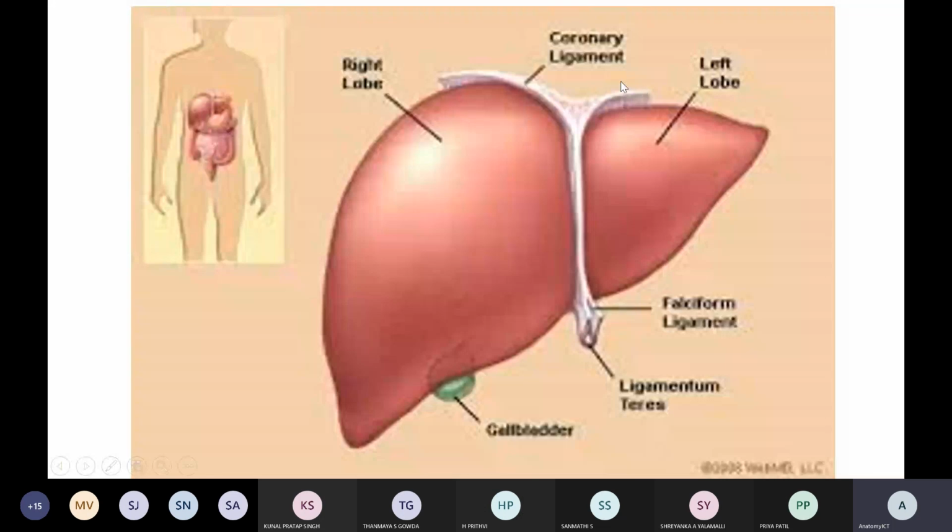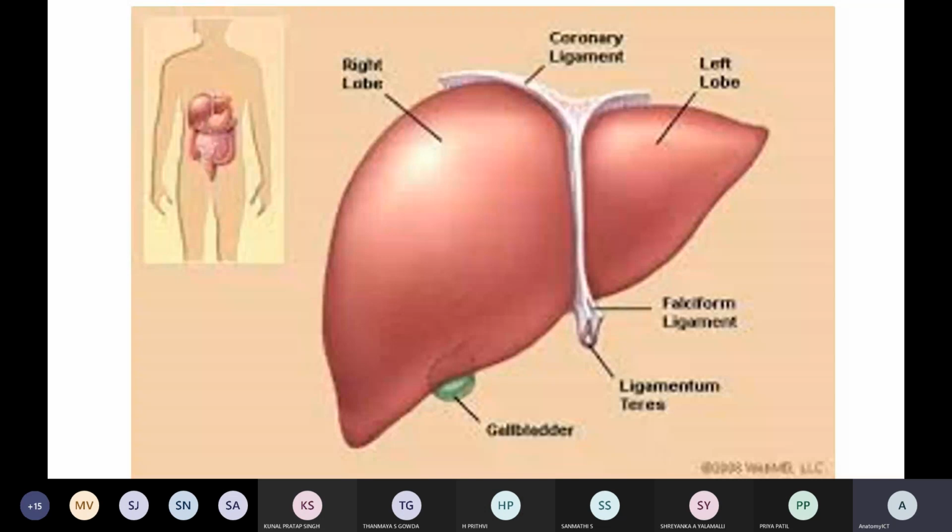That is the reason the right and left coronary ligaments are very important to hold the liver in a proper position. And when the coronary ligament holds to the diaphragm above, that part of the peritoneum is also called the hepatodiaphragmatic ligament.